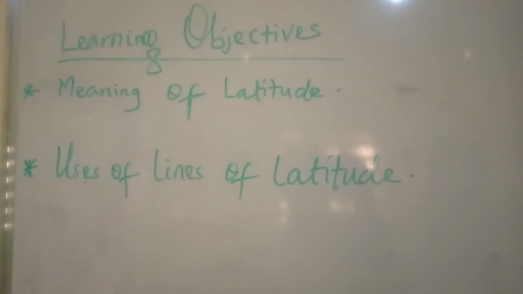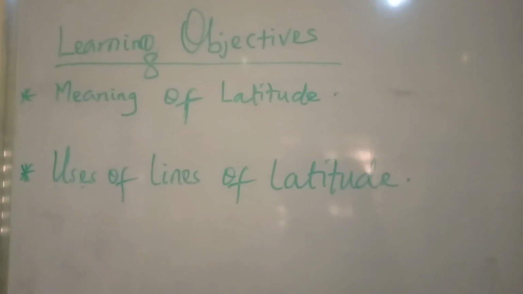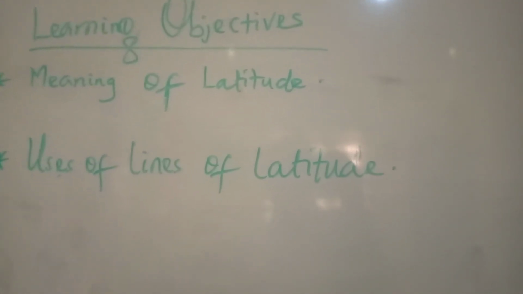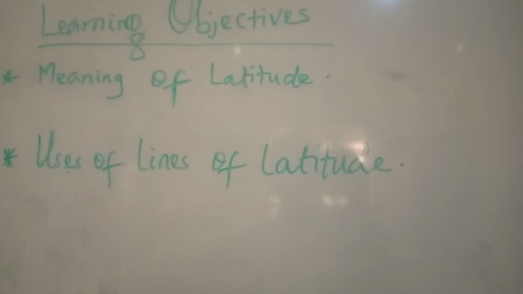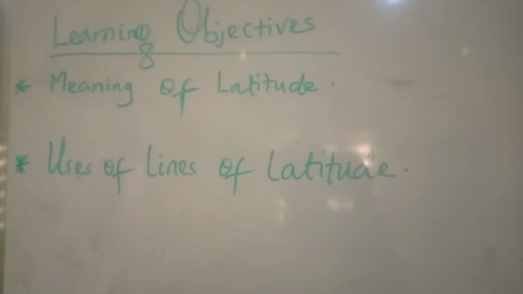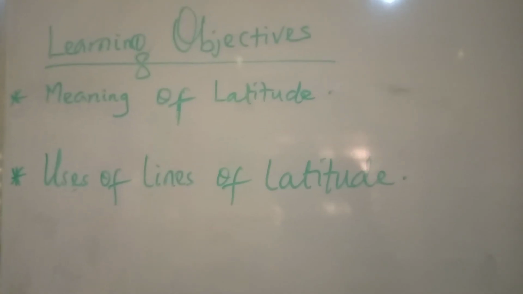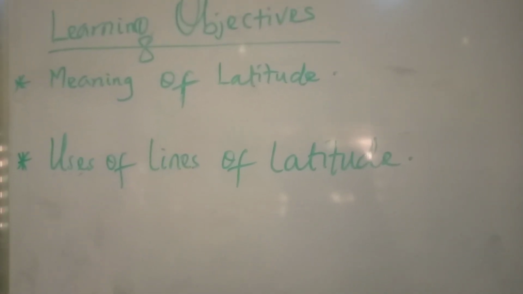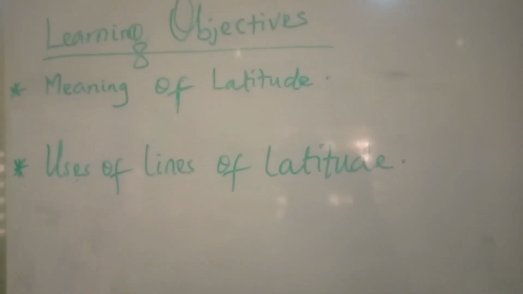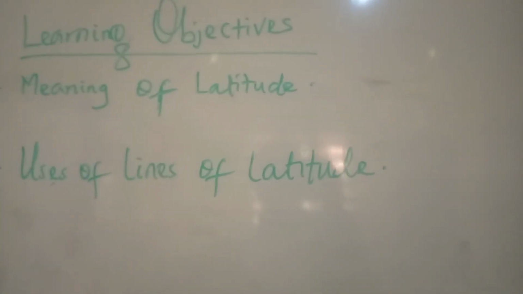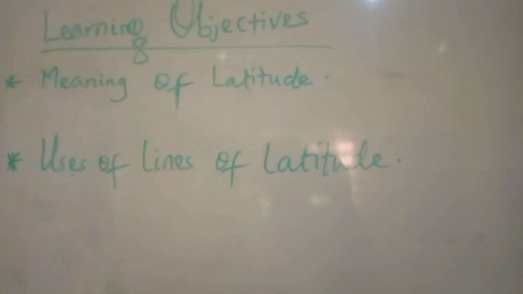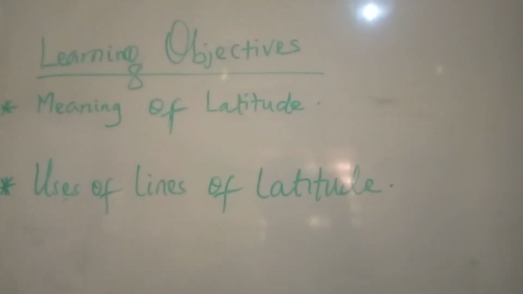In WAEC and NECO geography questions, it's one of the questions that always come out, and how to calculate local time and all those things. So today we will start with the meaning of latitude and uses of lines of latitude in this part one.